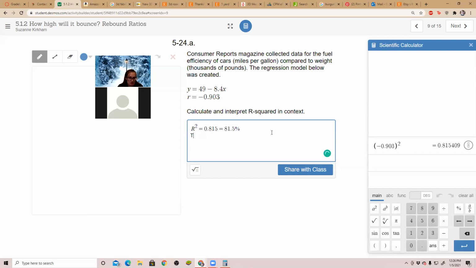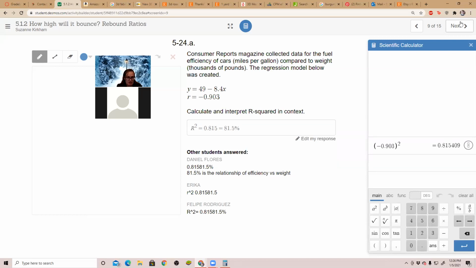Let's go on to the next page. Okay. So we'll just say r squared equals that, and it's how efficient the car is versus how much it weighs.